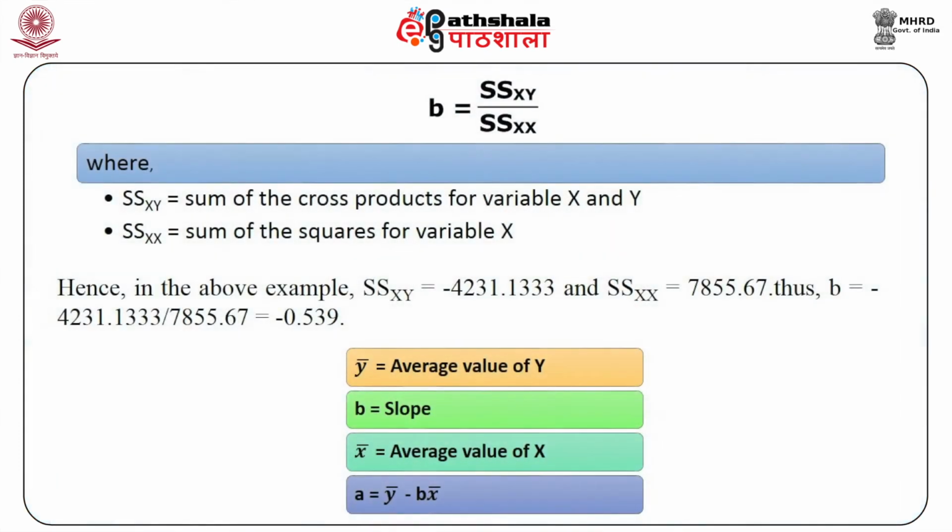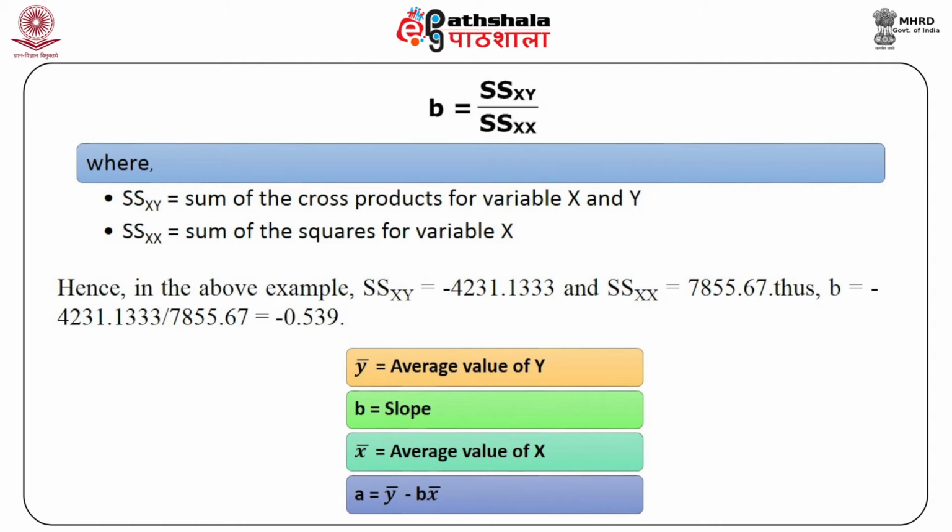square line. The slope of the least squares line is represented by the formula b is equal to SSXY upon SSXX, where SSXY is the sum of the cross products for variables x and y, and SSXX is the sum of squares for the variable x.